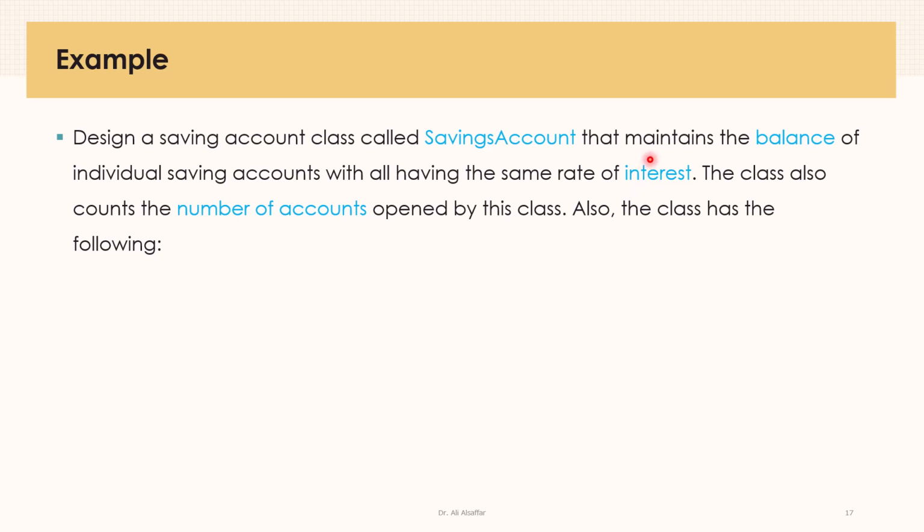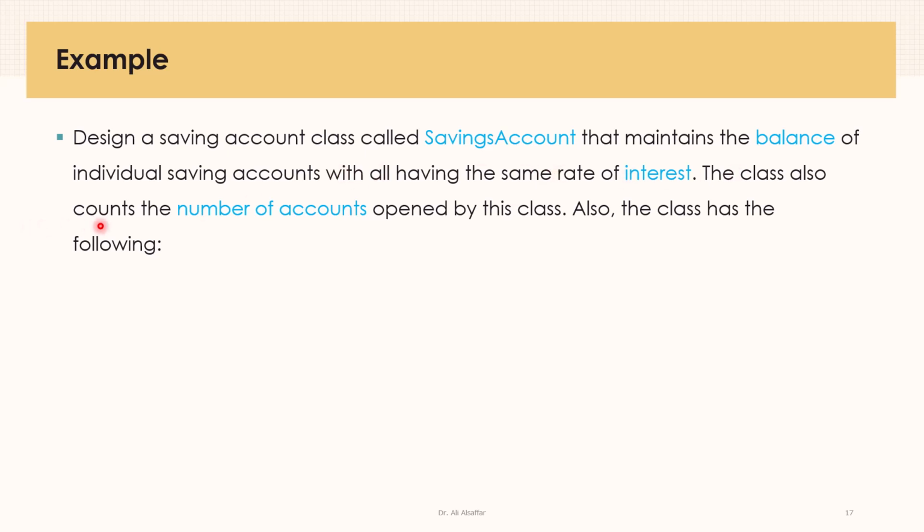Since we need to maintain a balance for each individual savings account, we are going to define balance as an instance variable because we need a copy in every object created from this class. However, since we need the same rate of interest for all savings accounts, we will define the interest rate as a static variable because it's going to be shared by all objects created from this class.